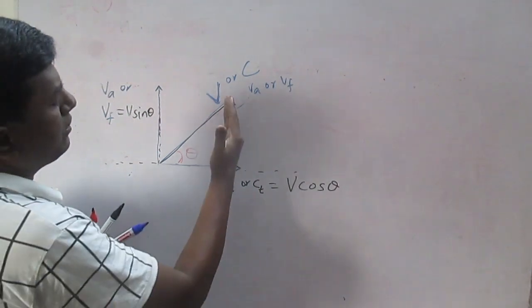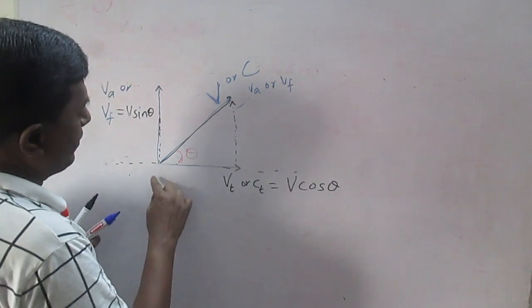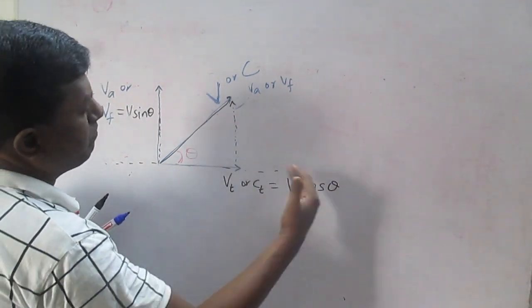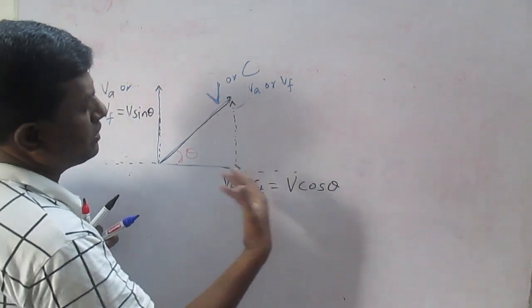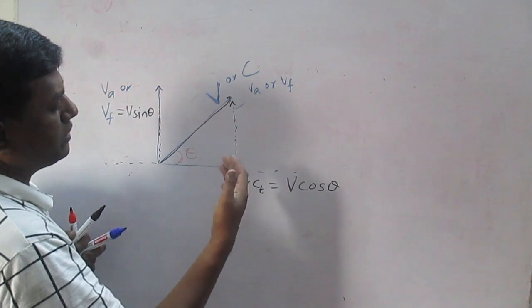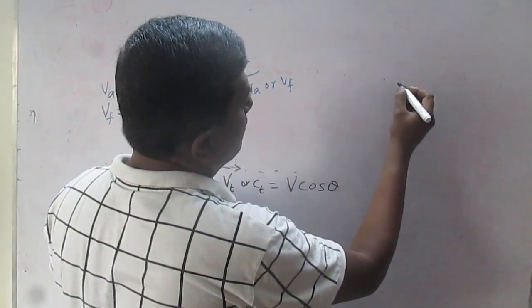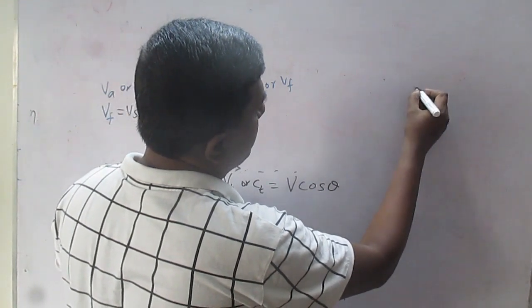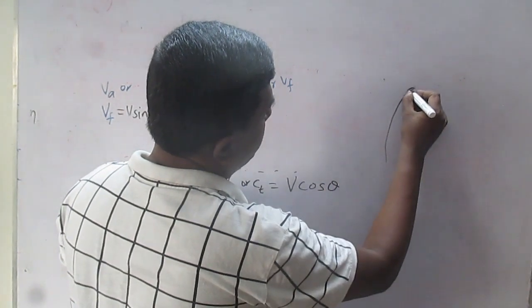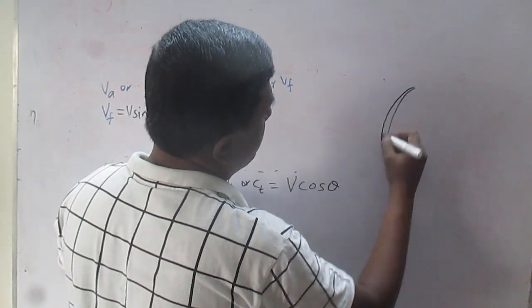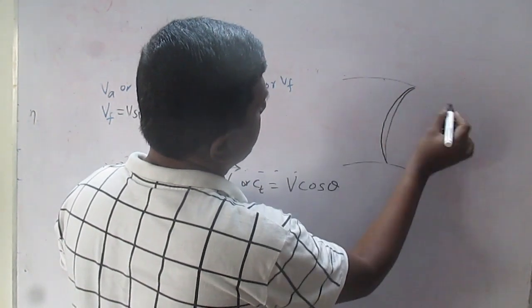Now how to modify this velocity triangle? Generally, the blade velocity or vane velocity or impeller velocity or rotor velocity, whatever it is. We may have a blade something like this, and it will be rotating between these passages.